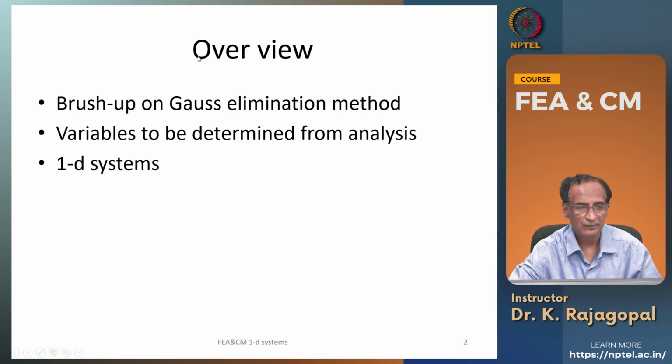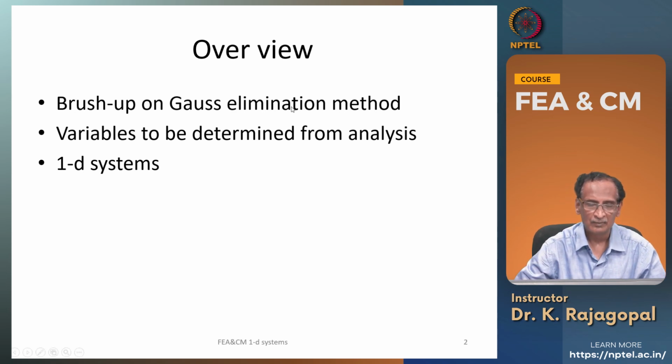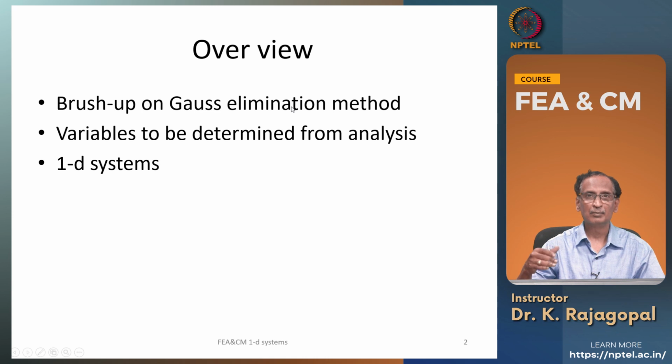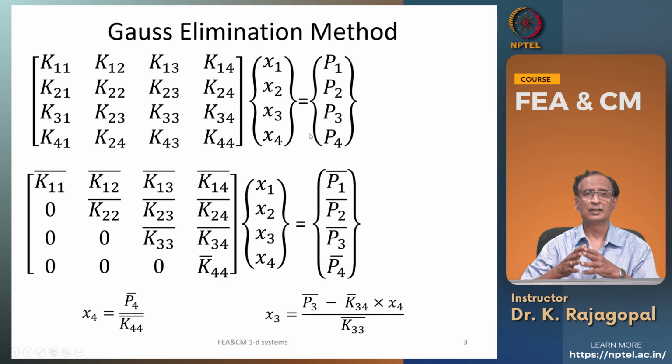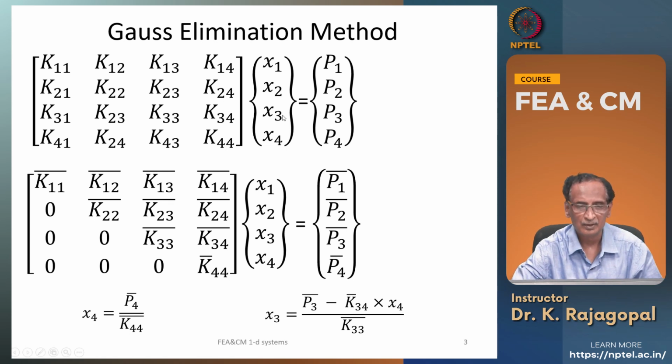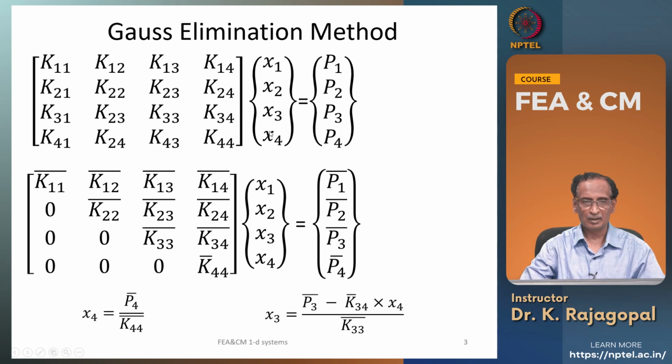And just a brief brush up on the Gauss elimination method before we go with today's topic. Okay. So, we had seen that if you have a system of simultaneous equations with variables x1, x2, x3 and x4, we can solve it by either matrix inversion or by Gauss elimination method.